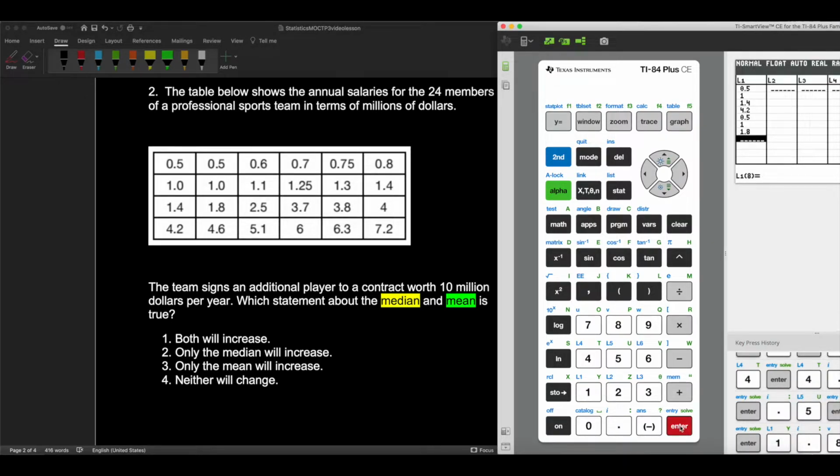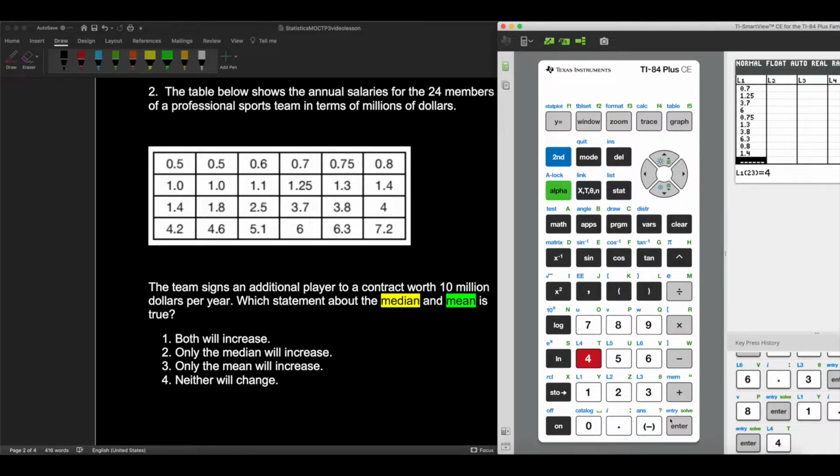If you know how to do that, by the way, you can comment below. 4.6, I would appreciate it because I'm terrible at this. 0.6, did I do that right? 4.6, 0.6, yes sir. 1.1, 2.5, 5.1, 0.7, 1.25, 3.7, 6.75, 1.3, 3.8, 6.3, 0.8, 1.5, 1.4, holy Christmas.